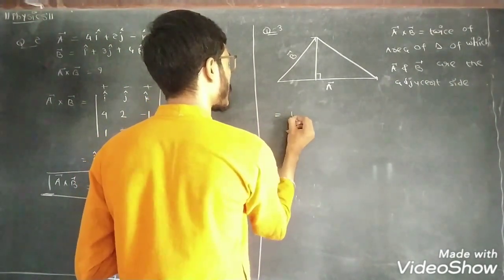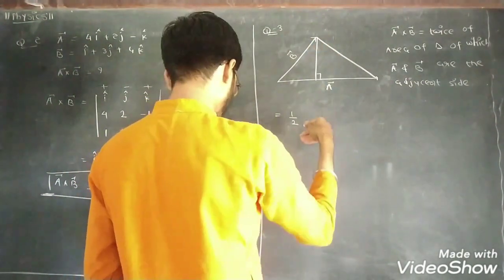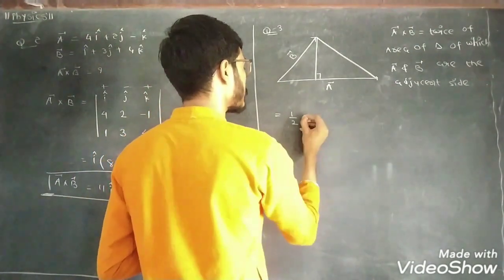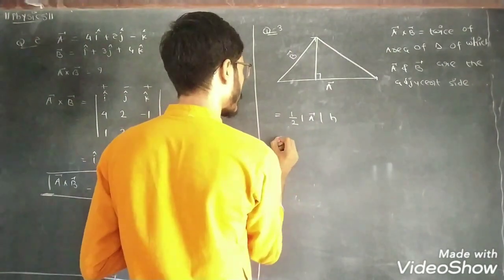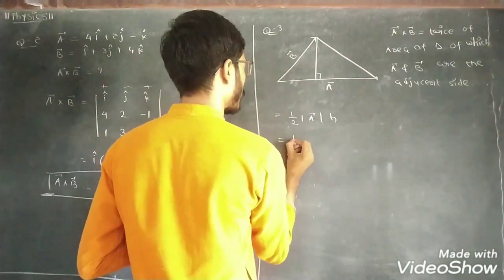So area is 1/2 base into height, where base is A and the height is h.